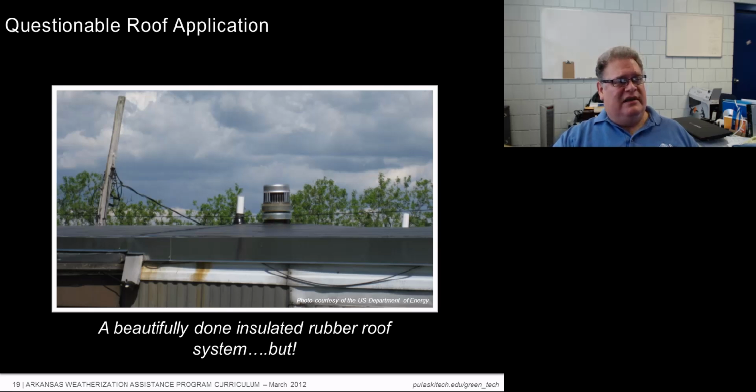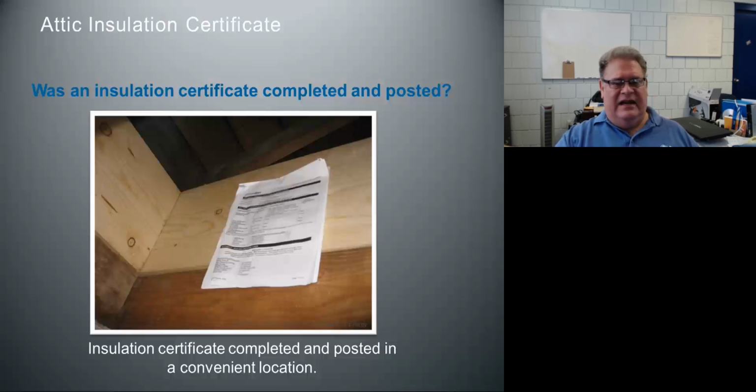So we need to look at this and determine whether or not a DOE approved priority list or approved audit confirms that this is installed or may be installed under the Weatherization Assistance Program. And again, you're going to go back to Appendix A in your state plan to determine what is and what is not allowable.